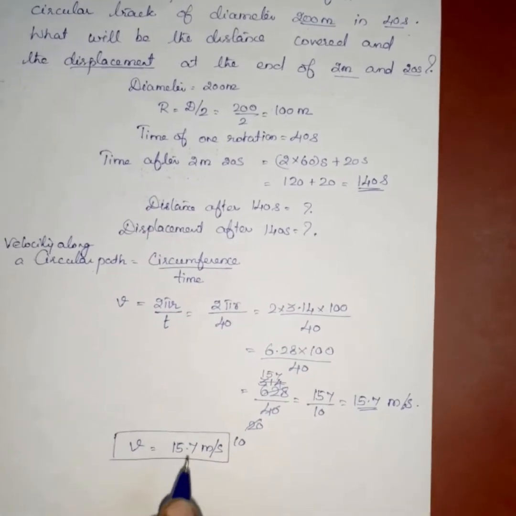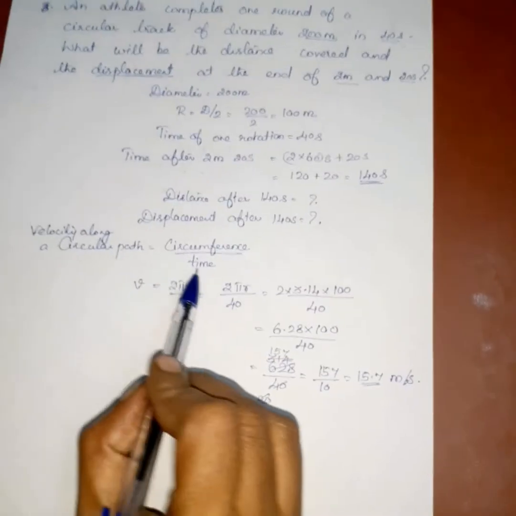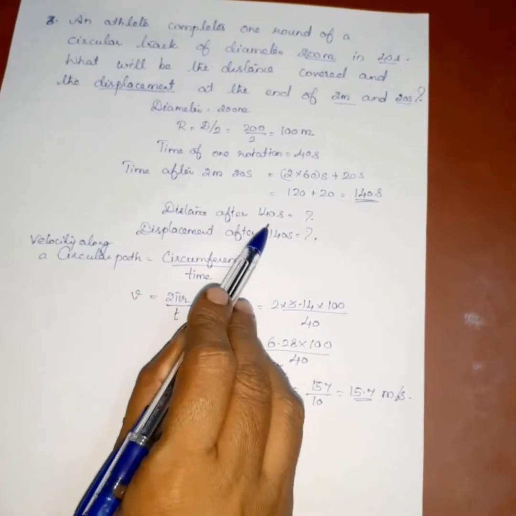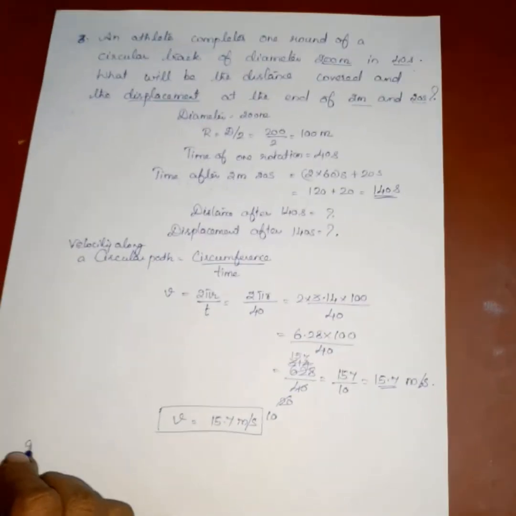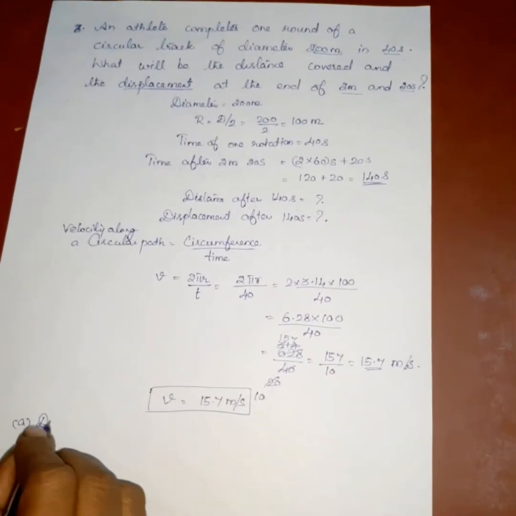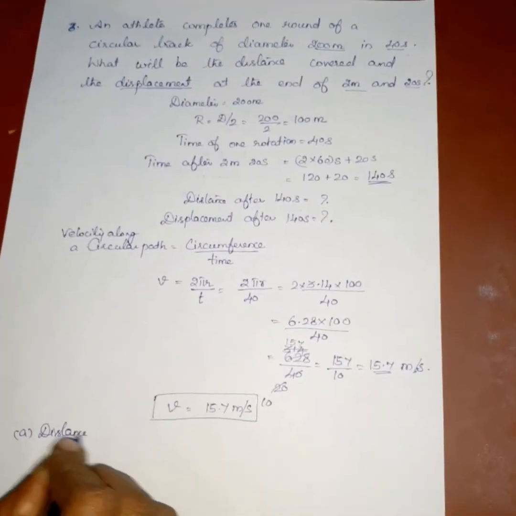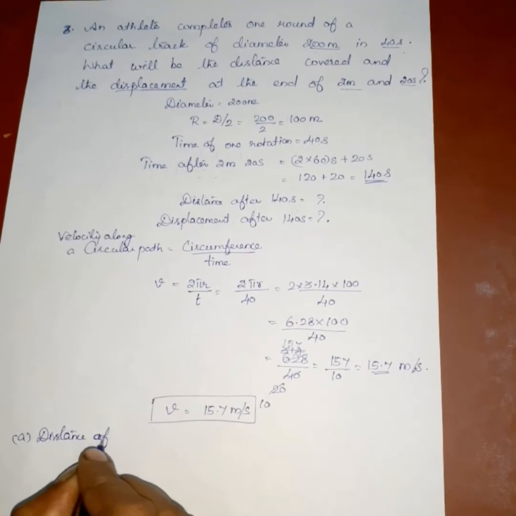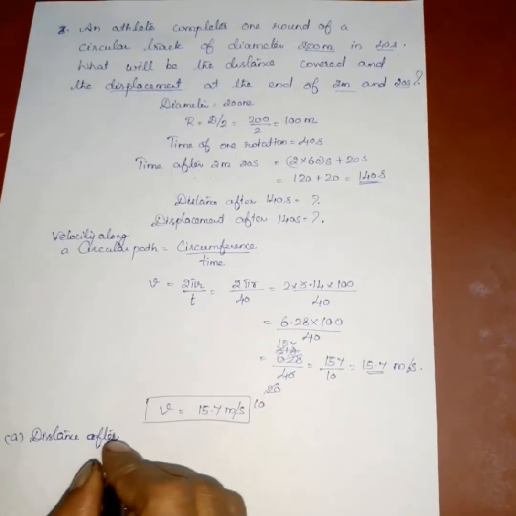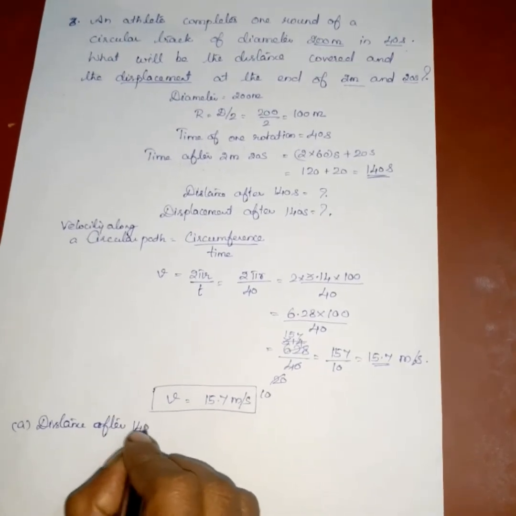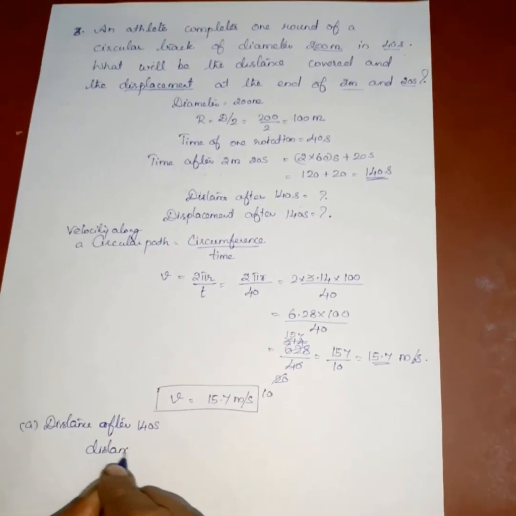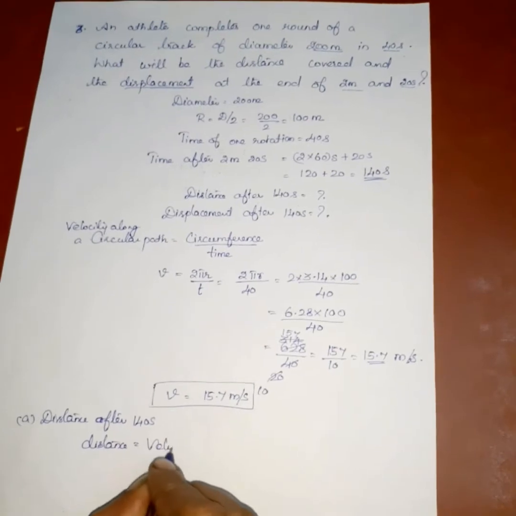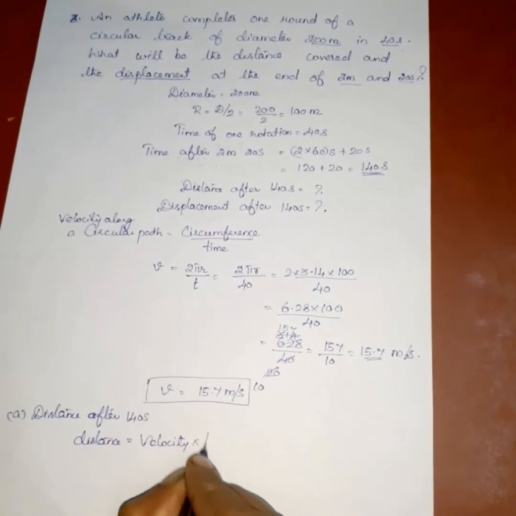Okay. Now you find out distance after 140 seconds. So distance is equal to velocity multiply time.